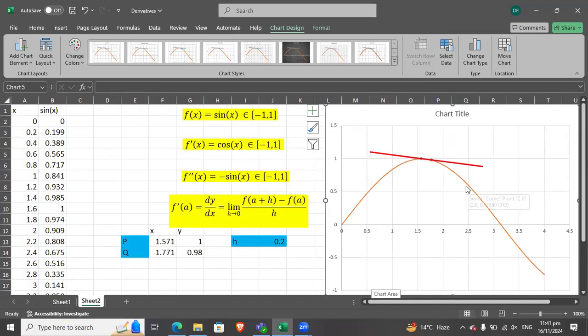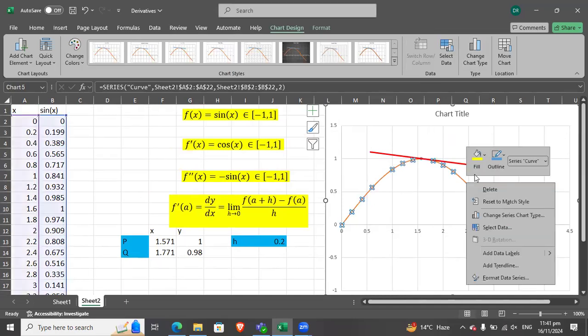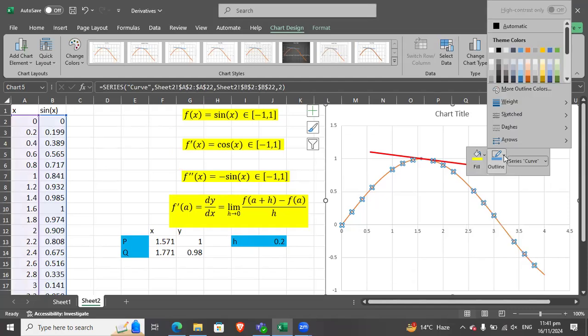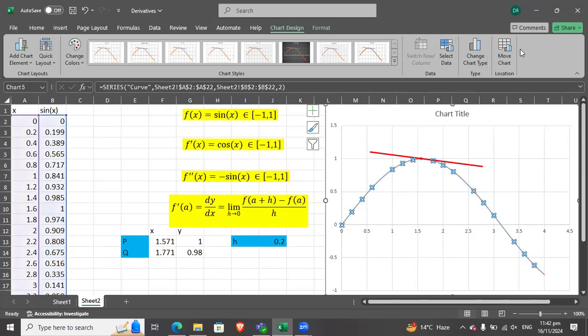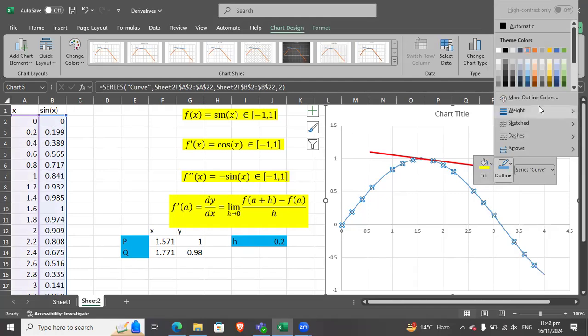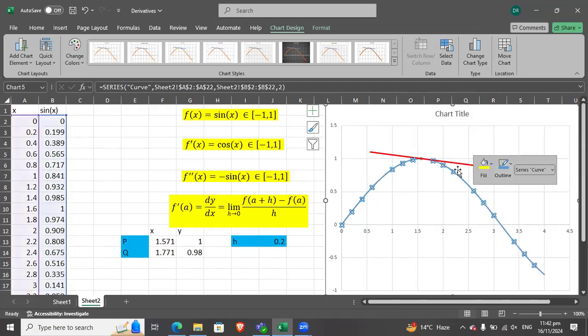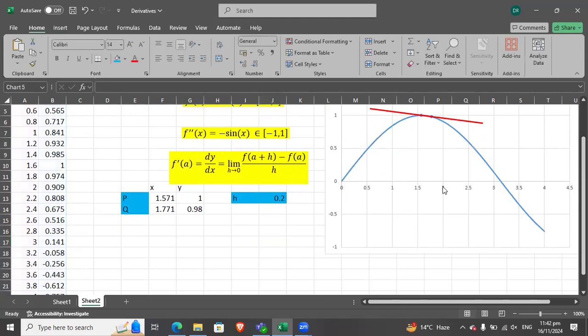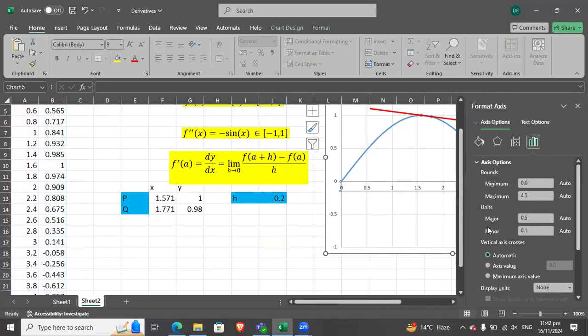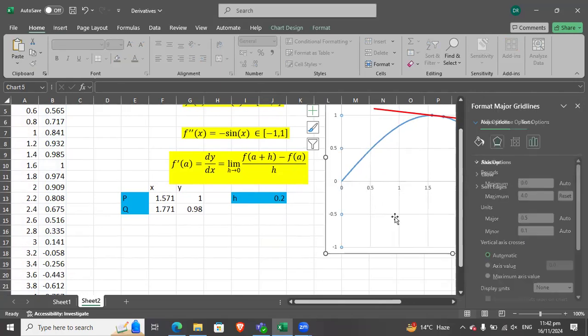Okay, this has been done. Now the outline color. Okay, this is fine, and I can choose a rather thick curve, and let me change the scale, set up to 4, and that's it.